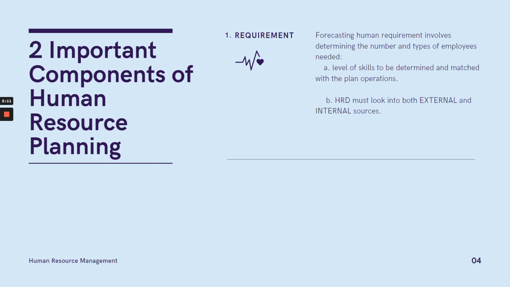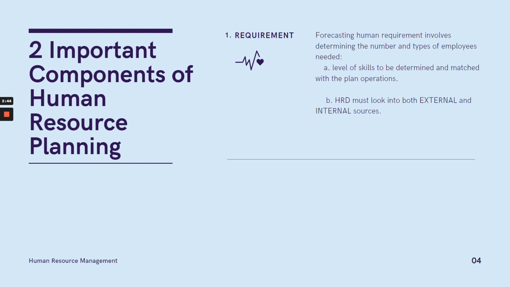So when there is a requirement, what does the company need, how many people are needed. Then you take into consideration the level of skills to be determined and matched with the plan operation. So you have your plan and you determine what skills and what level of skills are needed. Then the human resource department also must look into both external and internal processes.